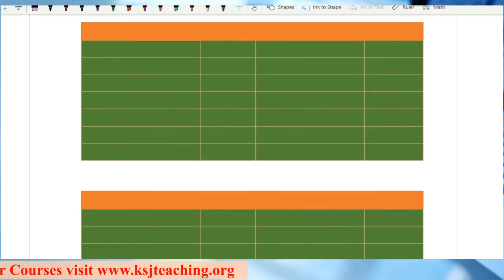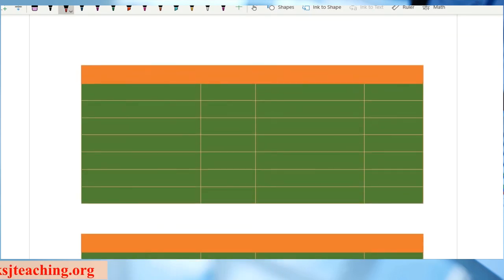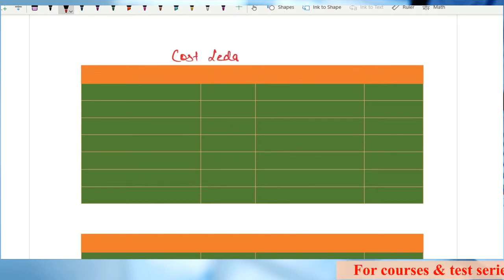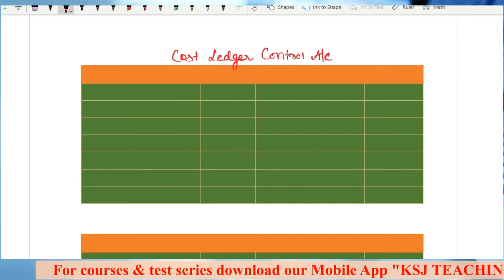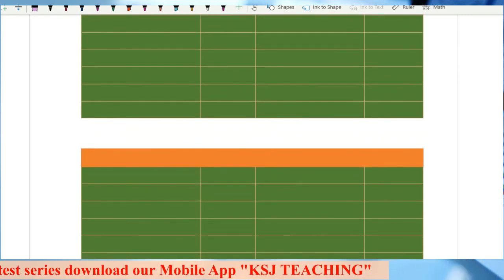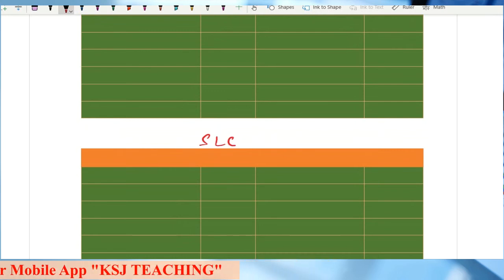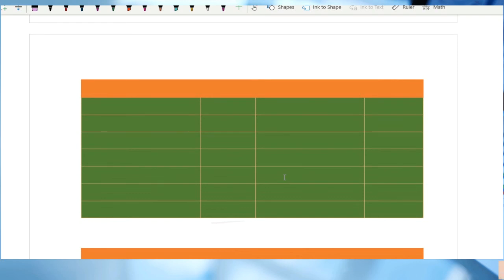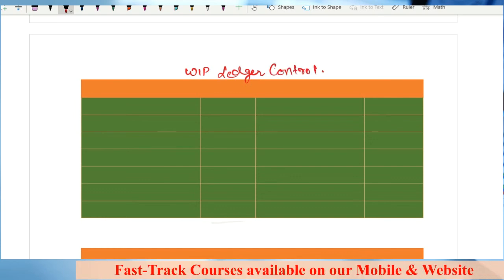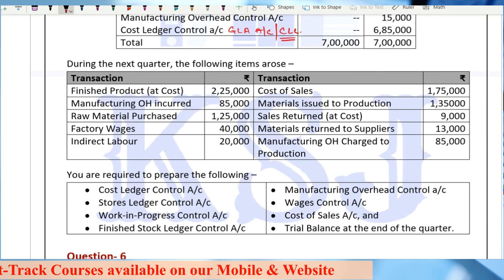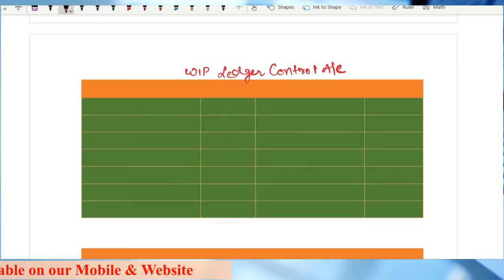So what are the various accounts that we need to prepare now? I'll write it down. The first is cost ledger control account. Then we have SLC account, or stores ledger control account. Then we have WIP ledger control account. What else is required? Finished goods ledger control account.